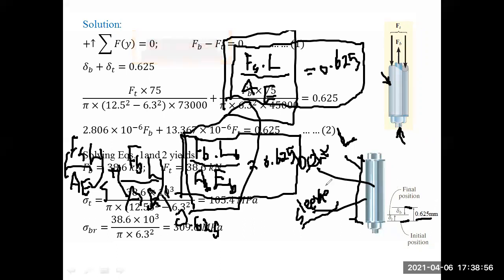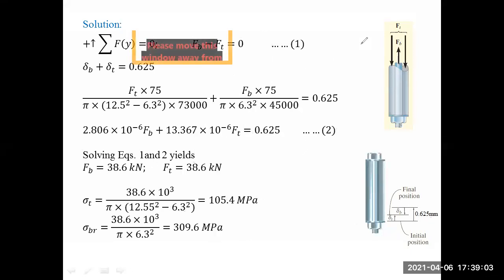I don't know if that explanation would help to understand the compatibility, how we have established the equation of compatibility. Any questions? No questions? We have 2 minutes if you have a question. When you join back, we continue on thermal expansion.